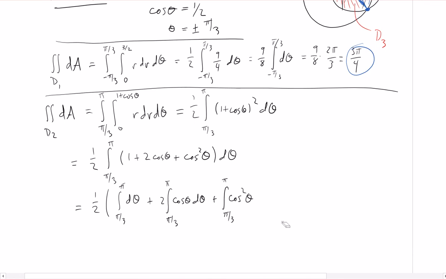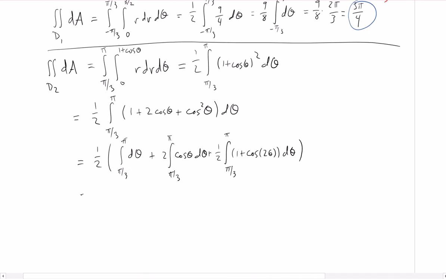But let's remember, the way to integrate cosine squared is to use the trig identity that cosine squared is equal to 1/2 times (1 plus cosine of 2 theta). Okay. First one's easy. It's pi minus pi over 3. It's 2 pi over 3. The integral of cosine is sine.